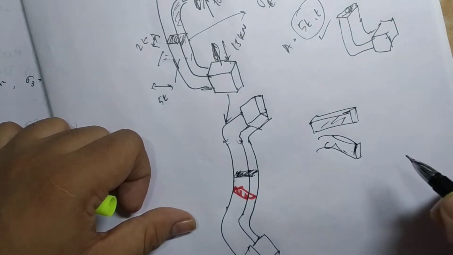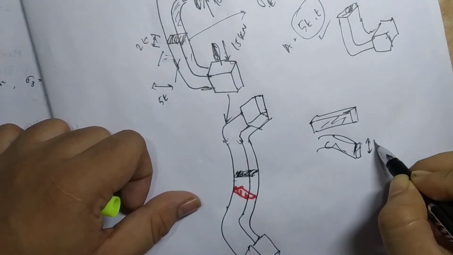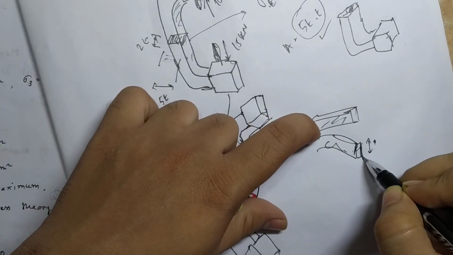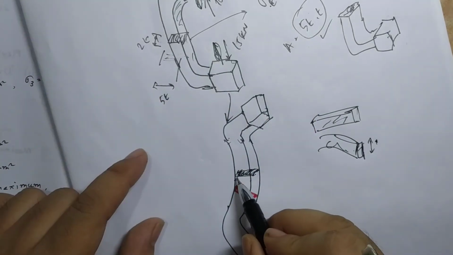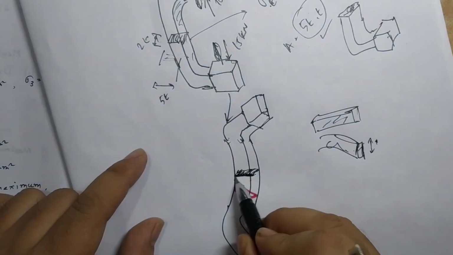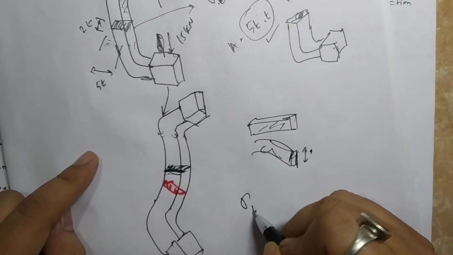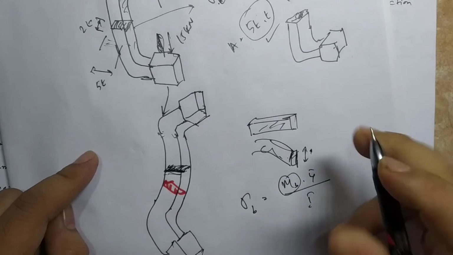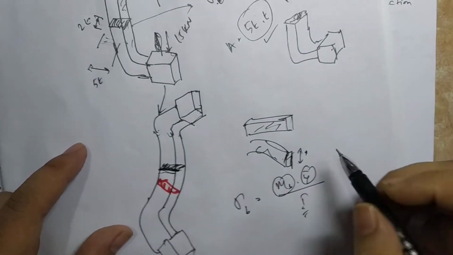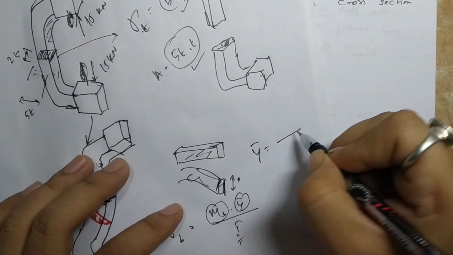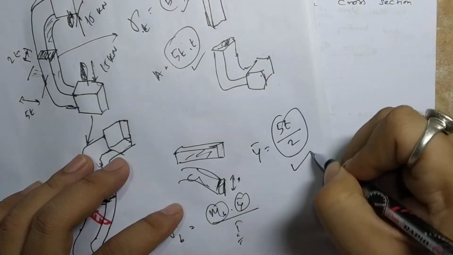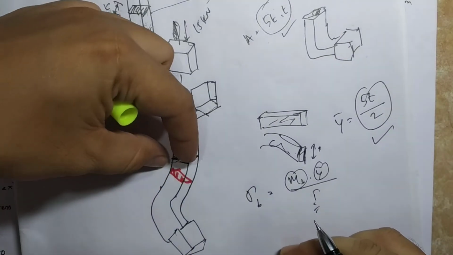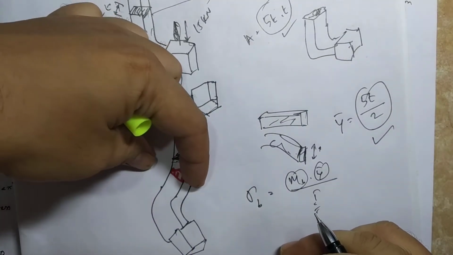Which dimension do we take to find the centroid? For here the centroid will be half of this distance. So to find the bending stress, M_b into y bar by I, let's talk about y bar and I. Y bar will be 5t by 2. You agreed? Because this is the dimension and half of that dimension you have to take.